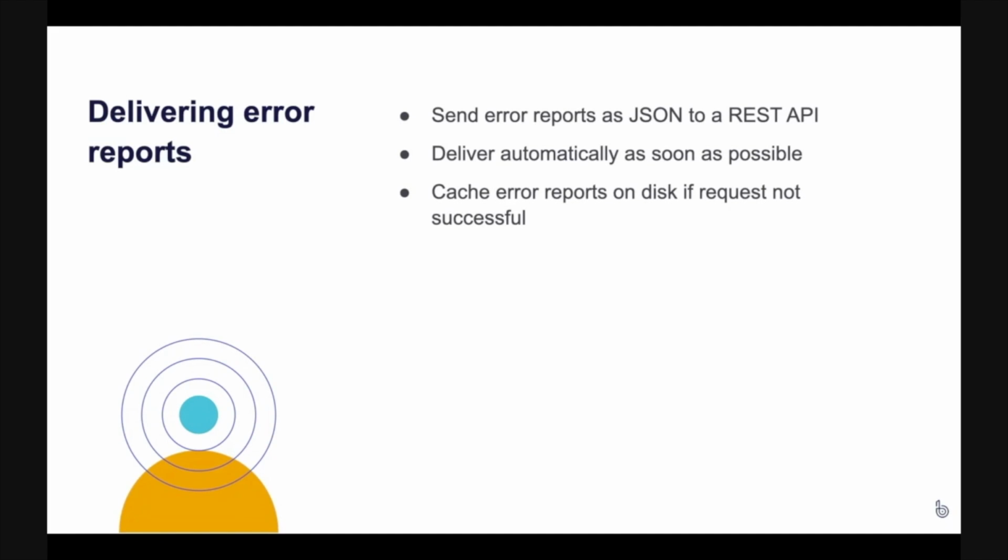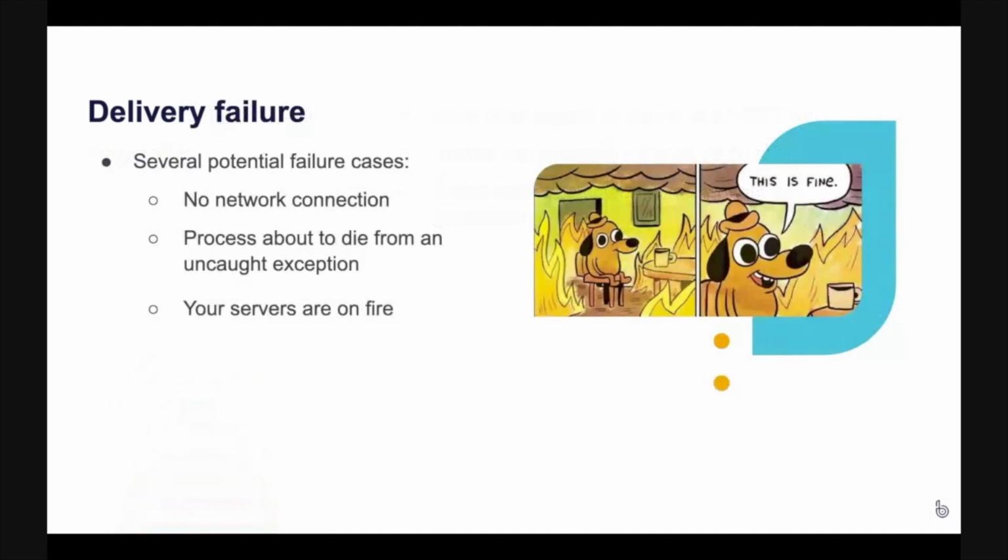At the same time, we're on a mobile device, so we also need to consider that there may not be a great network connection, or there may be no network connection if someone's on an airplane or in a tunnel. So delivery should also cache those reports on disk if it's not possible to deliver. This enumerates some of the potential cases where delivery fails.